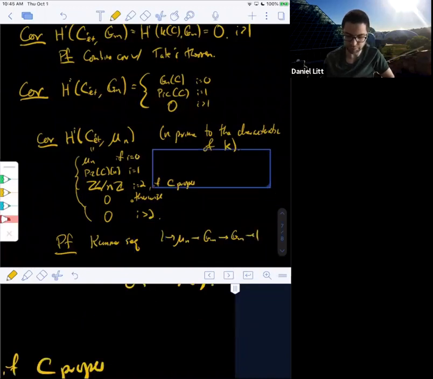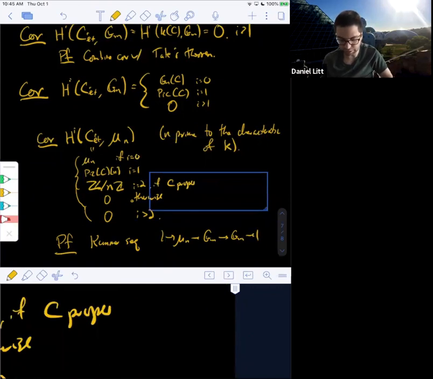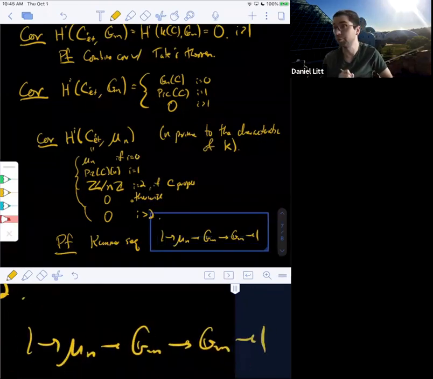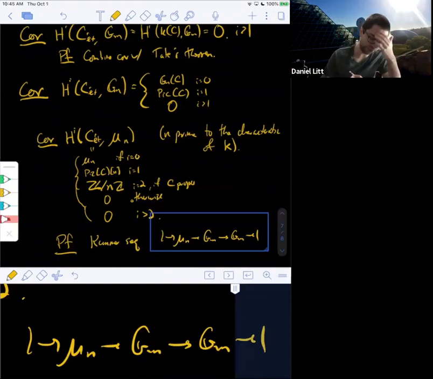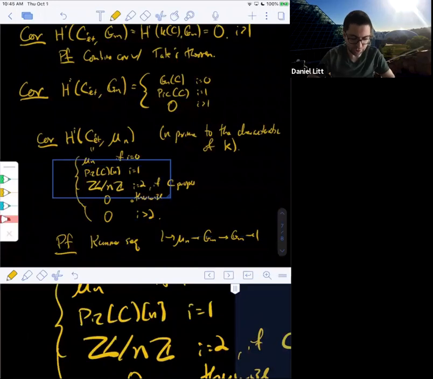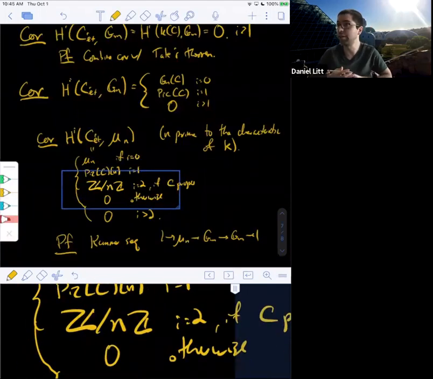And we're using this assumption on the characteristic because we want this sequence to be exact in the étale topology. Great. Okay, so this mu_n is tautological. Pic C[n] is also tautological. That's just the kernel of the multiplication by n map from Pic to Pic. And then this Z mod nZ is saying that if we're proper, Pic^0, the component group, is divisible. So we talked about this before. If we're not proper, Pic itself is divisible. And that latter is an exercise to deduce from the fact that Pic^0 is divisible in general.